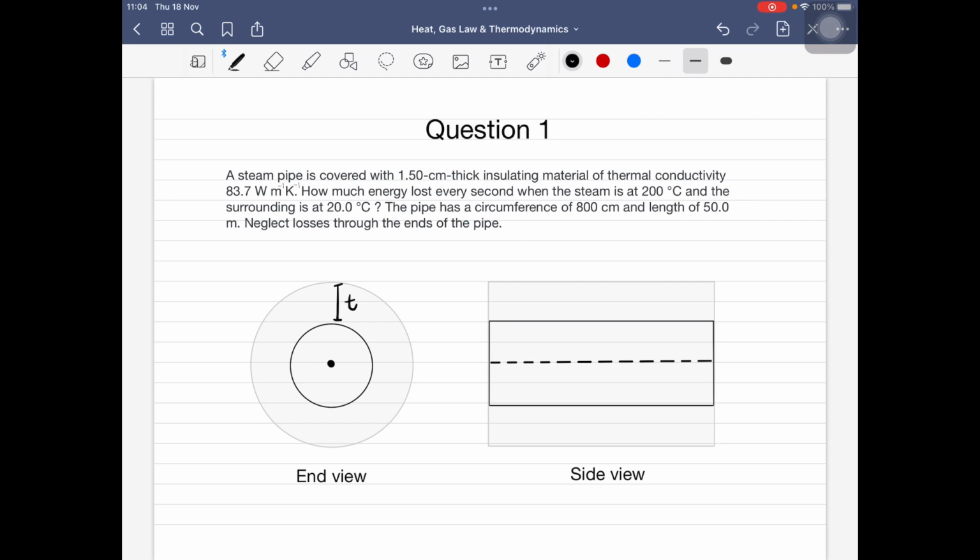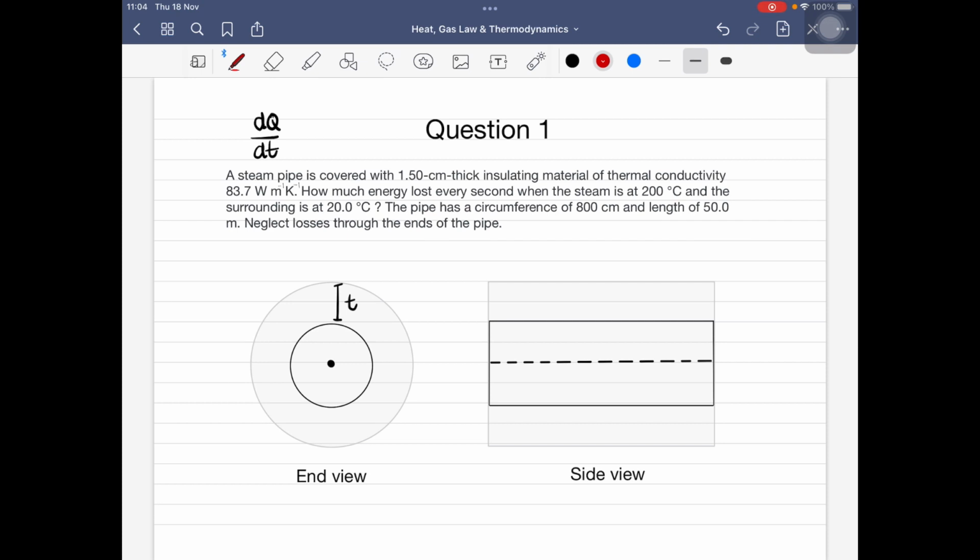So how much energy is lost per second means it will be equal to dQ over dt. The reason is that dQ is heat energy and it is over time, which means in seconds. The steam is at 200 degrees Celsius, and we know the steam is inside this pipe, so inside the pipe the temperature is 200 degrees and the surrounding is 20 degrees Celsius.